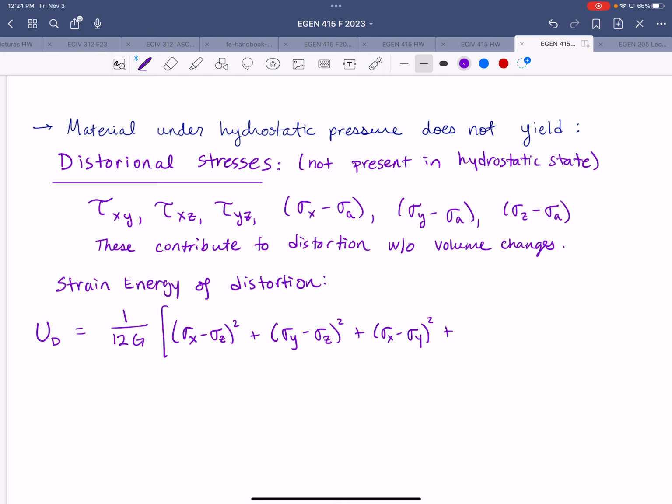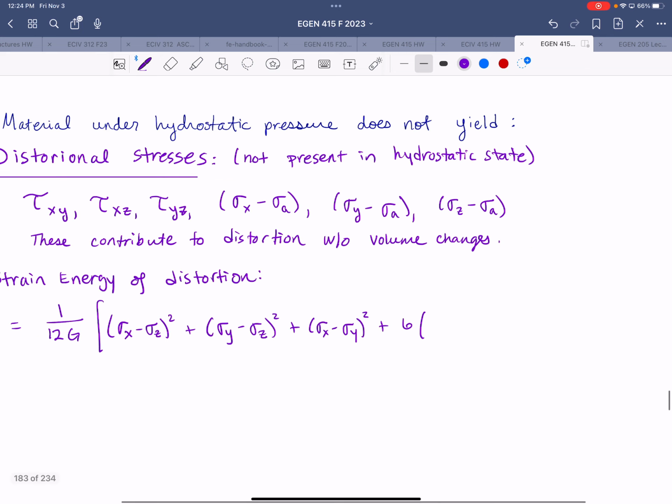And then we have plus 6 times the summation of the square of each shear stress. So tau xy squared and tau xz squared and tau yz squared.